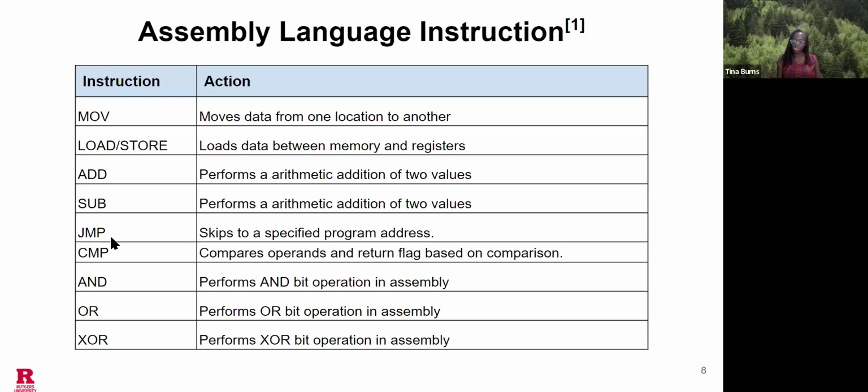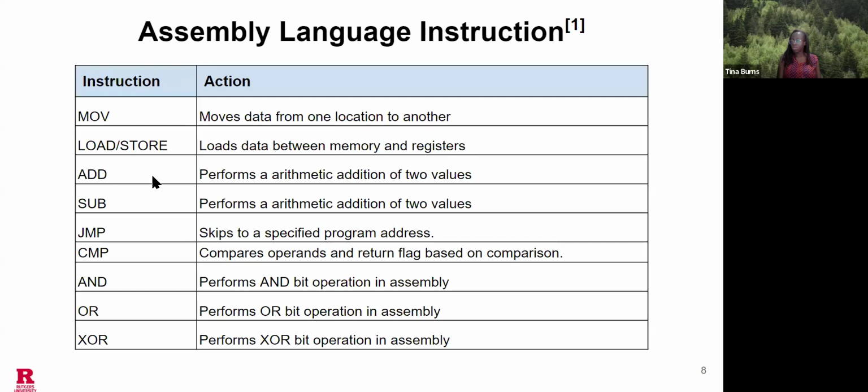If I want to move data from one location to another, in assembly language you would just write that as move, and then your two operands, from where you want to move it to. If you want to load and store information between memory and registers, these would be the functions that you use.